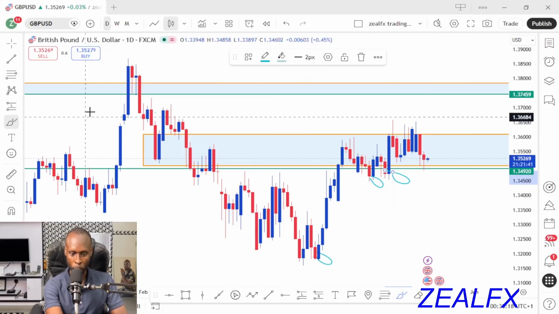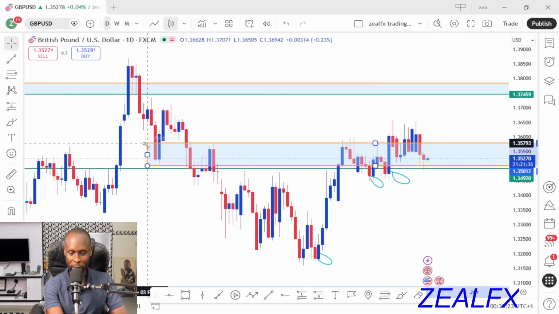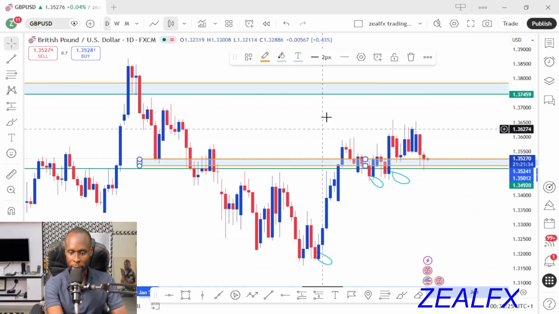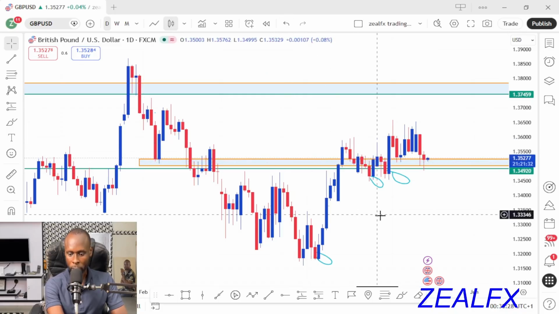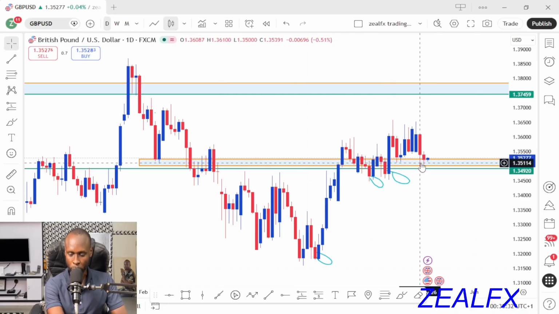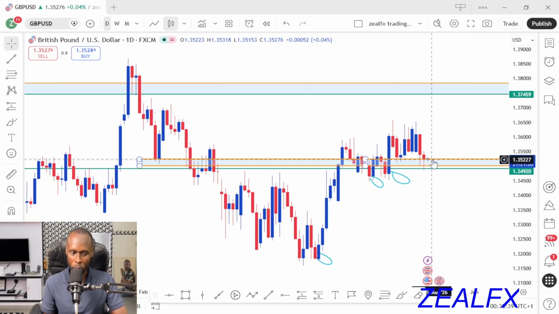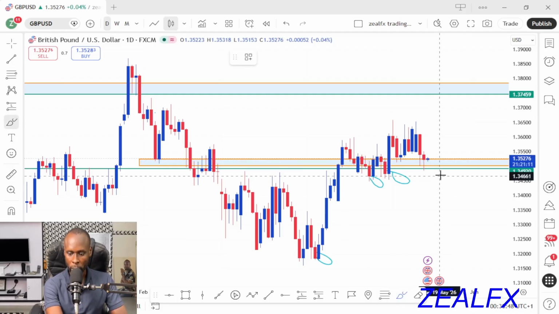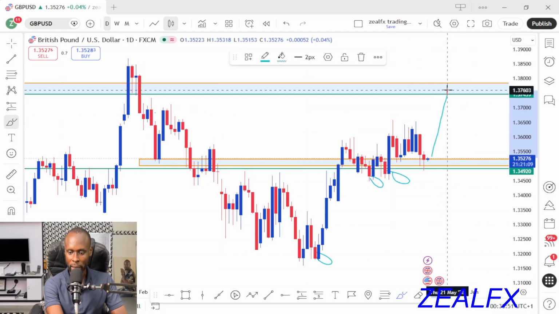Then you can also see from my daily time frame that price is finding it difficult to break this particular support level, and price has faked out of this level now. So long as price faked out of this strong support level on the daily and also on the weekly, this might trigger the next big move for the pound USD to this next resistance level.